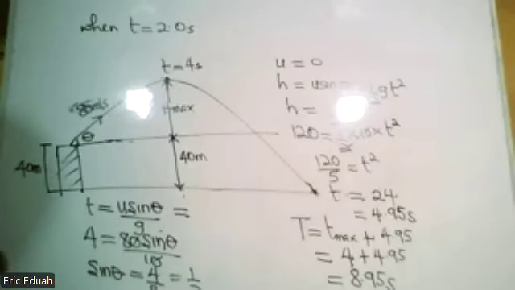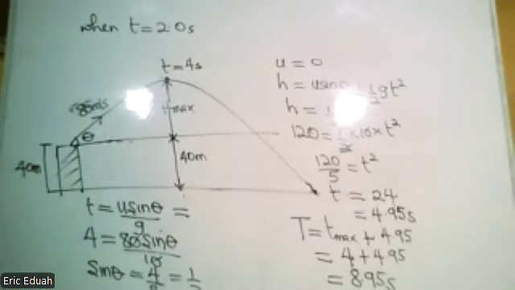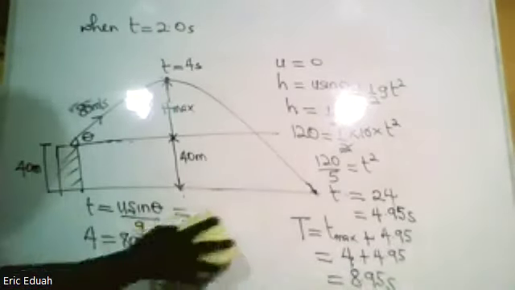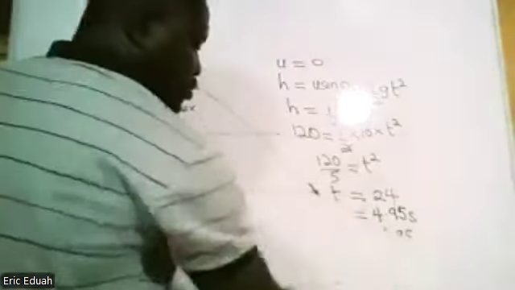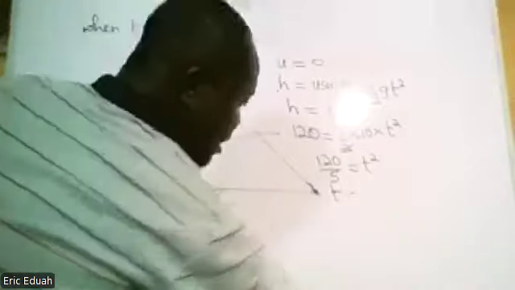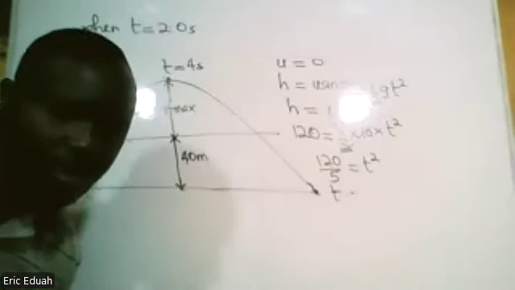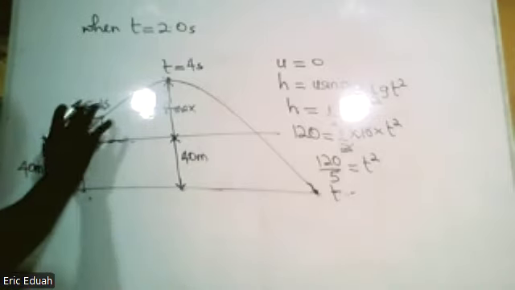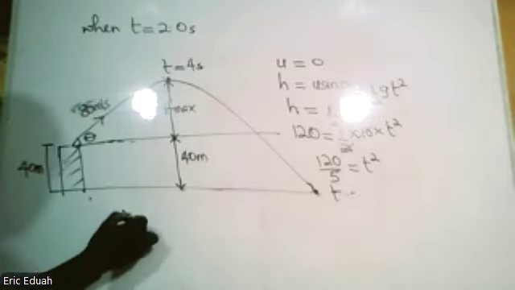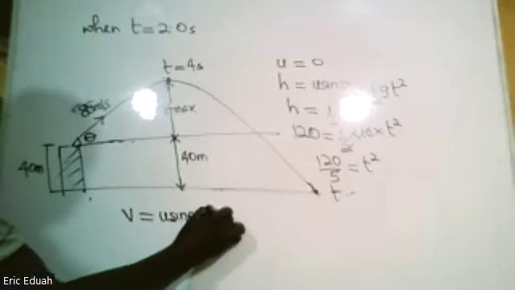So usually the use of this equation is this. When the body is moving up to the maximum height, the velocity is u sin theta minus g t.